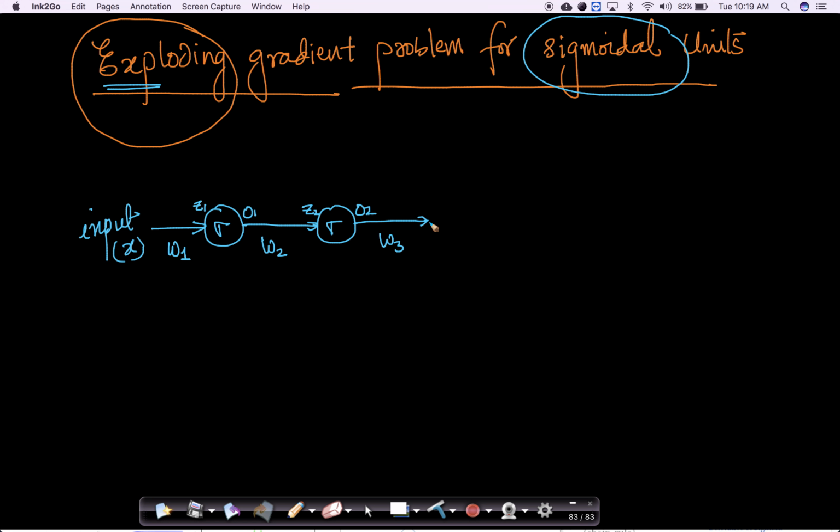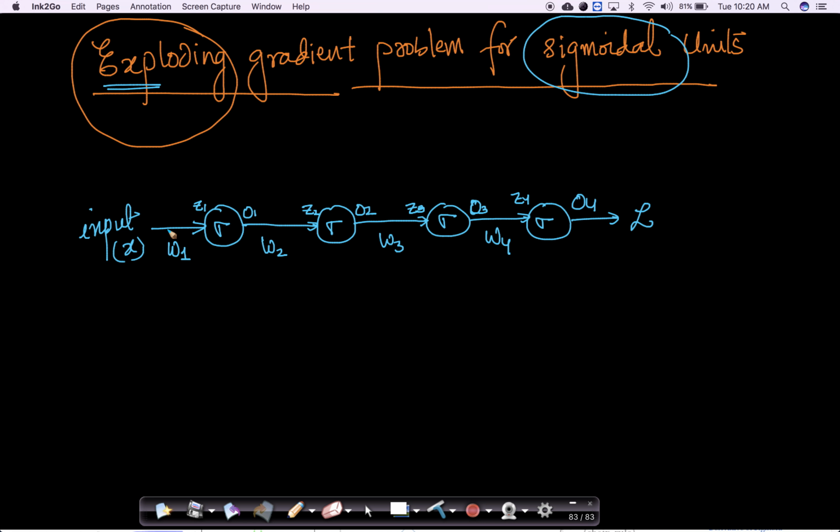Again, I have weights W3, and my Z3 goes into another sigmoidal unit. I get my output O3, sorry, not O4, this will be O3. Let's assume I have one more sigmoidal unit, with weights W4, input Z4, and the output, let's say, O4, which goes into a loss function.